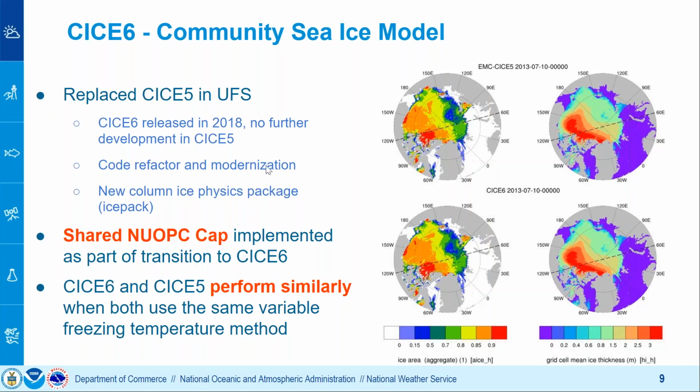The validation was done. You can see the picture on the right. On the top is CICE5, bottom is CICE6. The results are comparable, so both CICE6 and CICE5 perform similarly. One major achievement is the shared UFS cap implemented when we transitioned to CICE6.